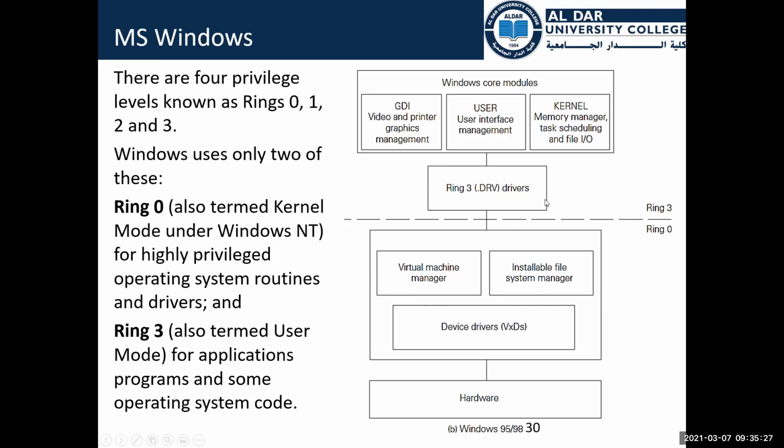Ring 3 is part of the operating system, but it is nearer to the user, like the user interface, memory manager, task scheduler, and file input-output. And also the ring 3 drivers. This is .drv, which means it is used by the user. The user can install drivers for different input-output devices. But here, the device driver VXDs are for the operating system. The user doesn't have direct control over it.